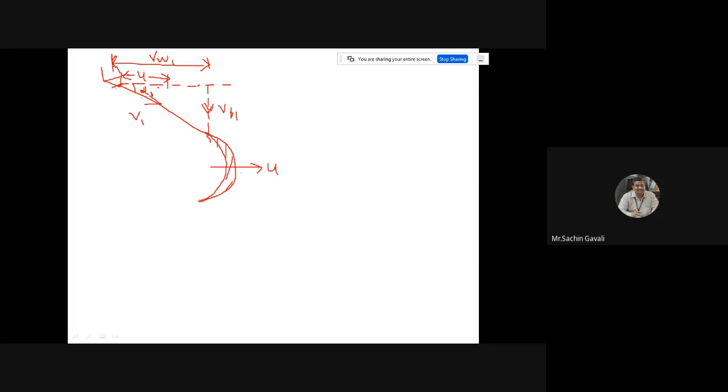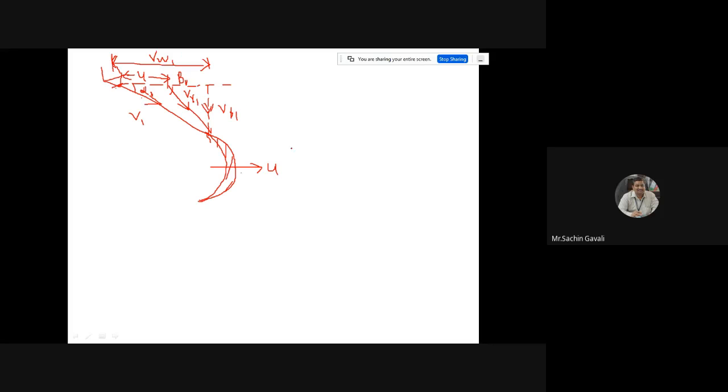But between v1 and u, there is a relative speed difference, and that we call the relative velocity, vr1. Whatever angle this vr1 makes with the tangential direction is called the blade angle at inlet, or beta 1.